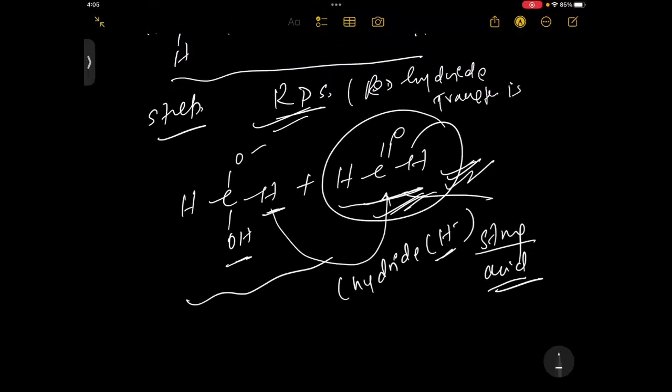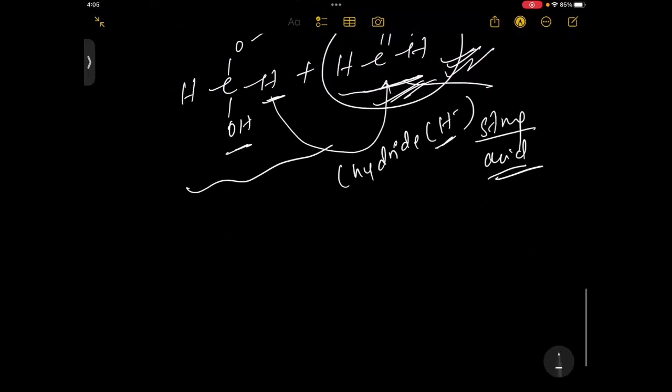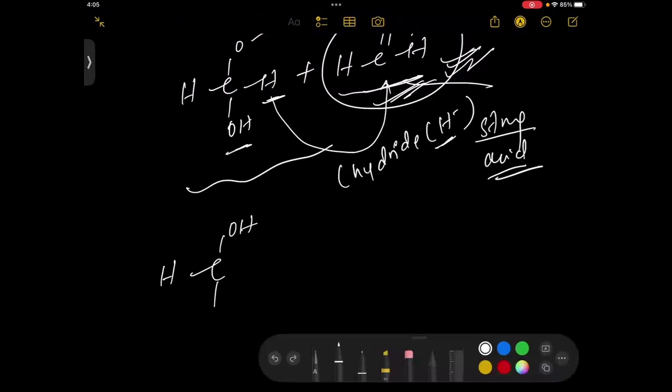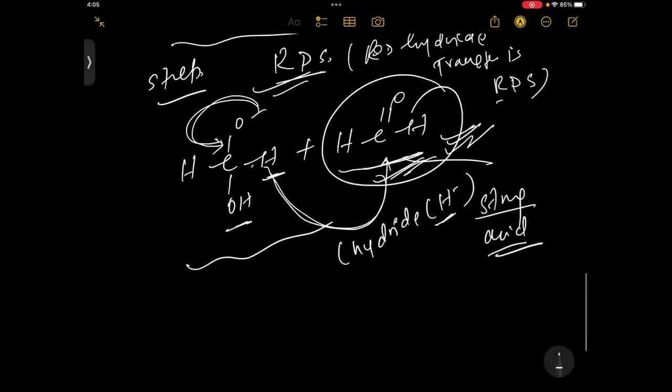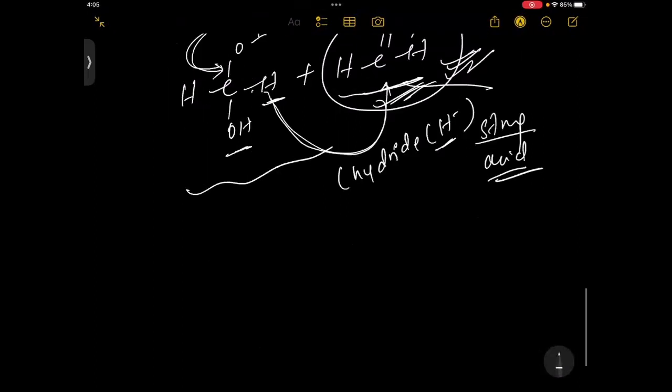Now, HCOH with the O negative. When that H transfers here, the O will move here, and in that case HCOOH will form, that is the acid.